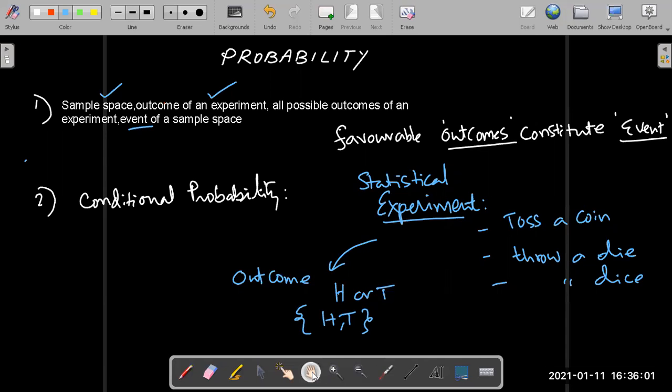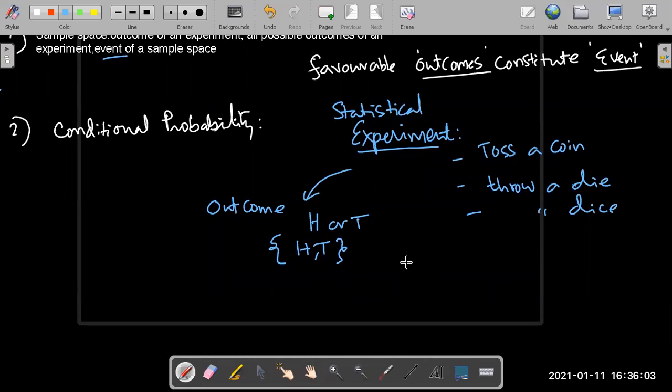For example, I toss a coin 2 times. Then we can consider both times you can get head and head, or both times tail and tail, or first time head, second time tail, or first time tail, second time head.